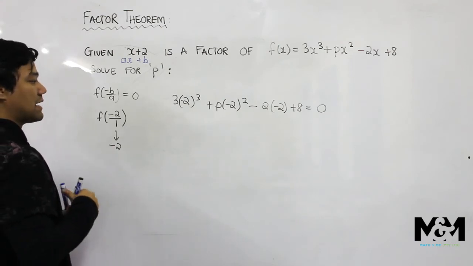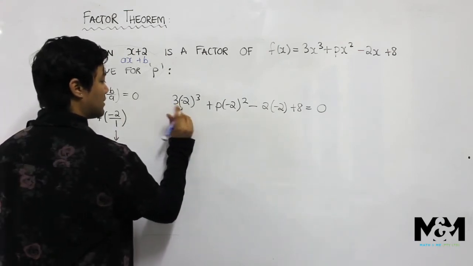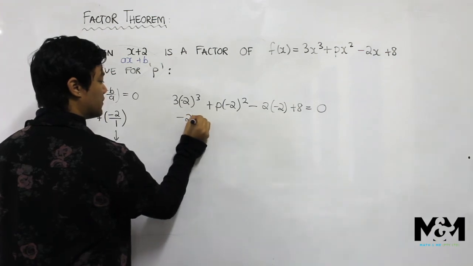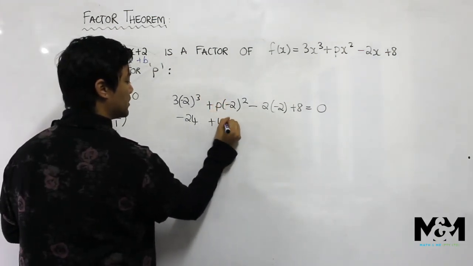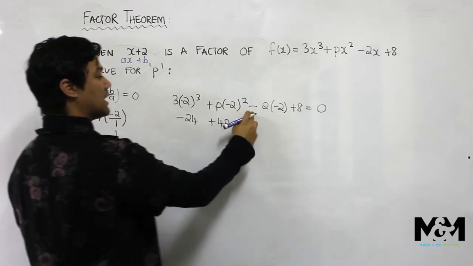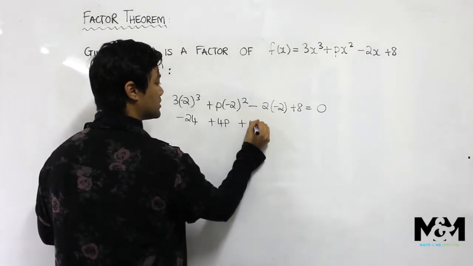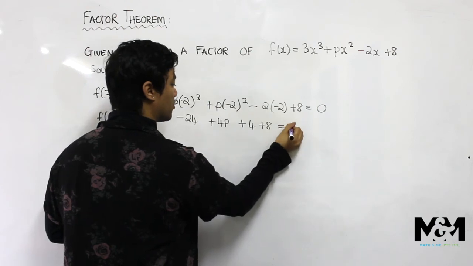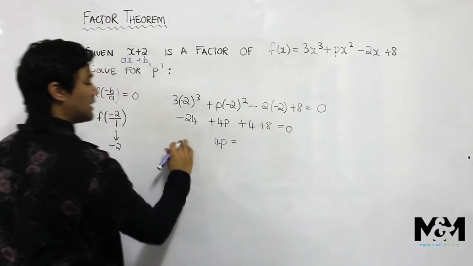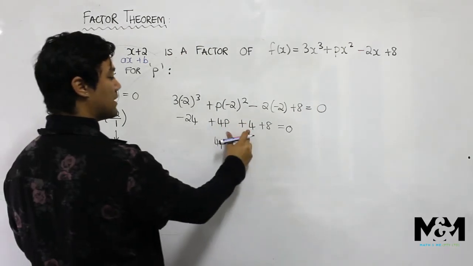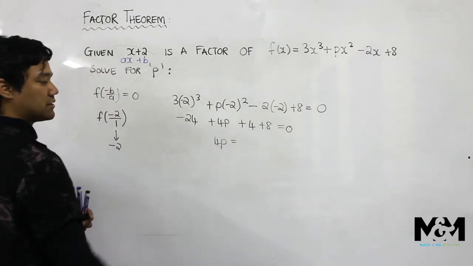Okay, I will say negative 2 cubed is negative 8. 3 times negative 8, negative 24. Negative 2 squared is positive 4, so that leaves me with positive 4p. Negative 2 times negative 2, positive 4 plus 8 equals 0. I'm going to leave 4p on this side, take everything else over, but I'll first just add it up. 4 plus 8 is positive 12.